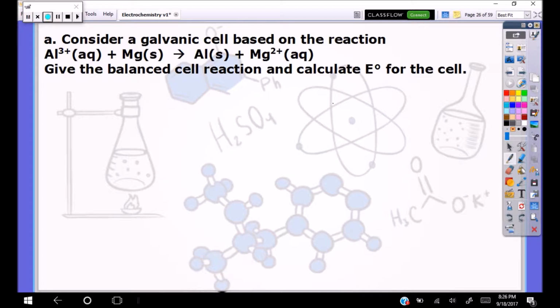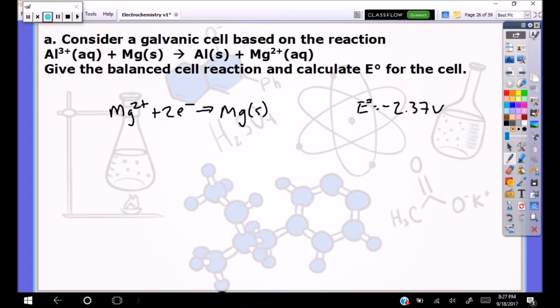We've got one half reaction, Mg2 plus, 2 electrons, and we get magnesium solid, and a cell potential of negative 2.37 volts.